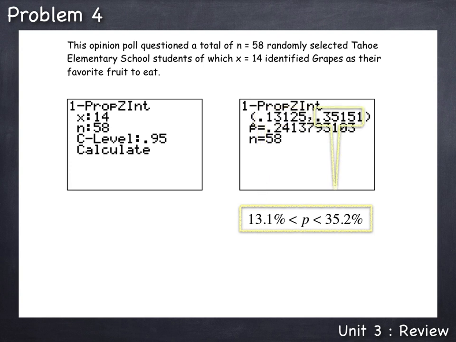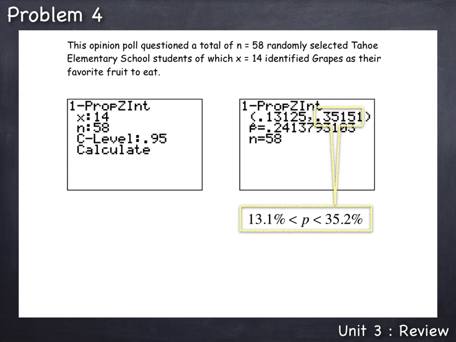The upper end of the interval, the calculator gives the decimal answer of 0.35151, but the question asks for the percentage of students that preferred grapes. So we convert this decimal to a percent by multiplying by 100, which moves the decimal 2 places to the right.